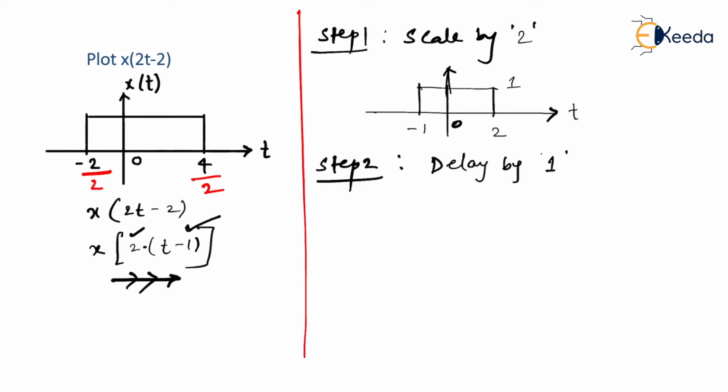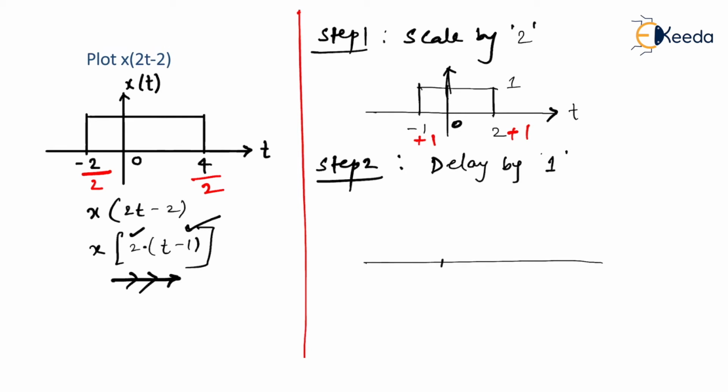You know this approach. When they ask you to subtract by 1, you add 1 with the lower limit as well as the higher limit. So that's what I'm trying to do. I'm going to add 1 over here. So minus 1 plus 1 will become 0 as the lower limit, and 2 plus 1 will become 3 as the higher limit.